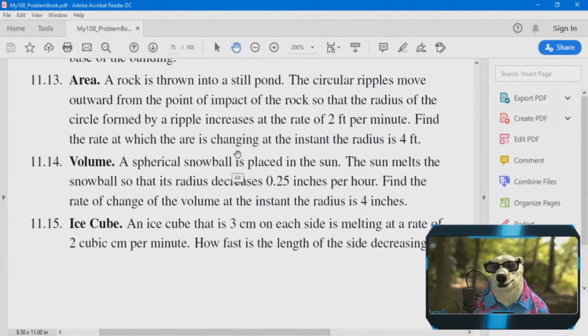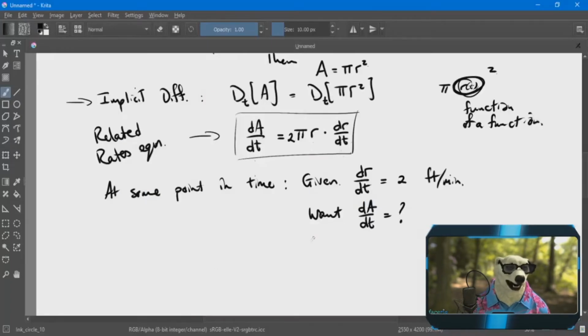And that's why they tell me at the instant, at the moment in time where the radius is 4 feet. So we're also given the radius is 4 feet. So those are all the things we need in our related rates equation.